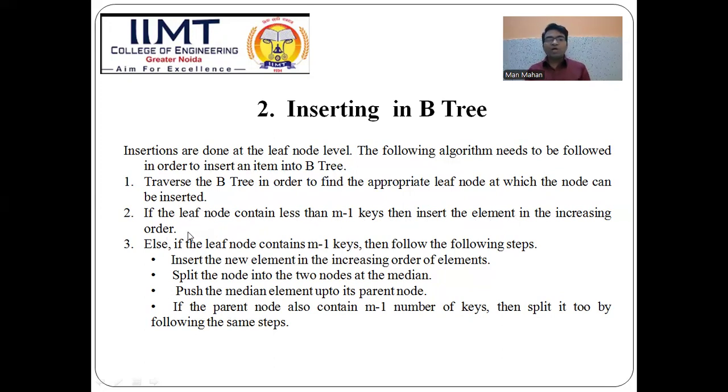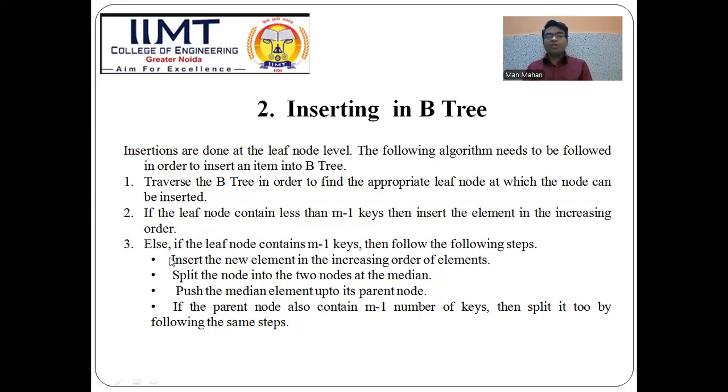We also know that when inserting values in the B tree or creating a B tree, we insert each element in sorted sequence. So if the leaf node contains less than m minus 1 keys, then insert the elements in increasing order.